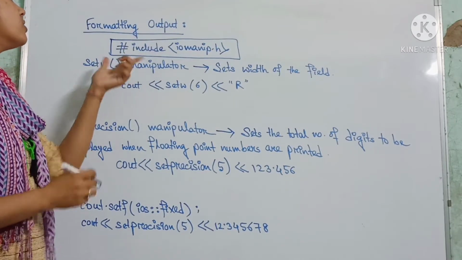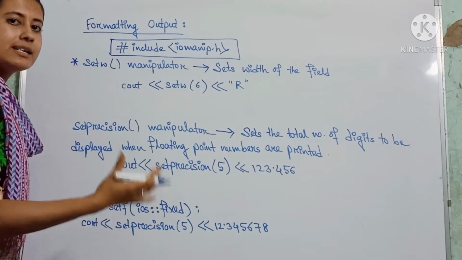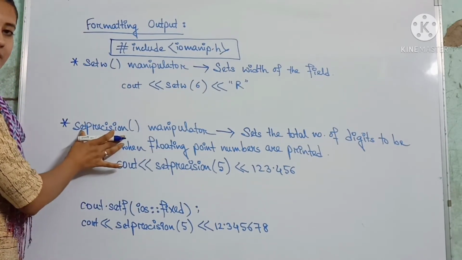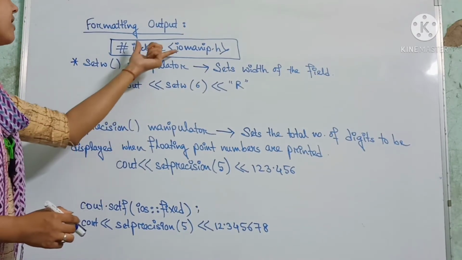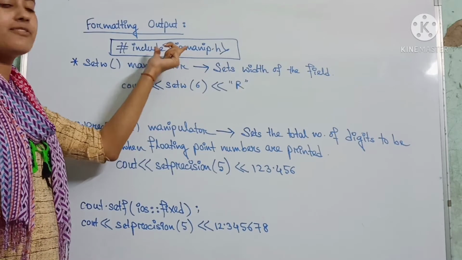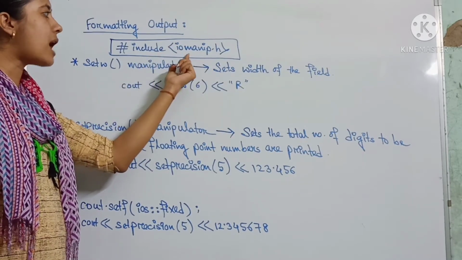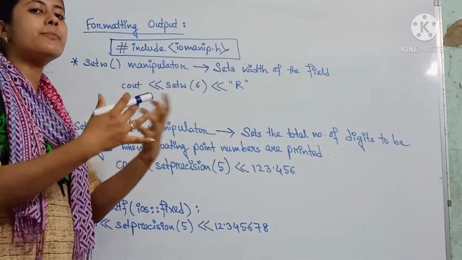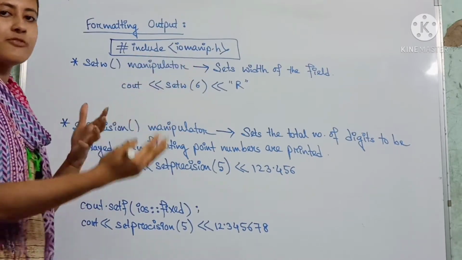Generally there are two types of formatting done in C++: one is setw, another is setprecision. To include these functions we include iomanip.h. Iomanip means input output manipulator, meaning we format the input or output in some way.